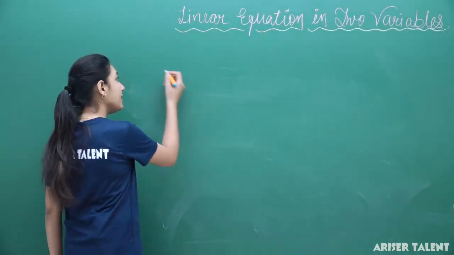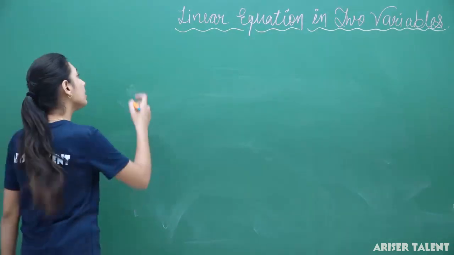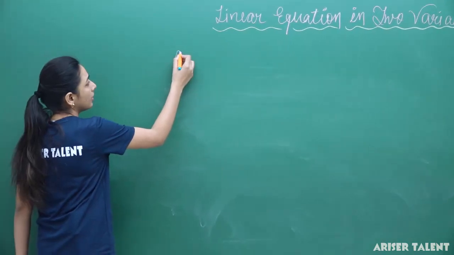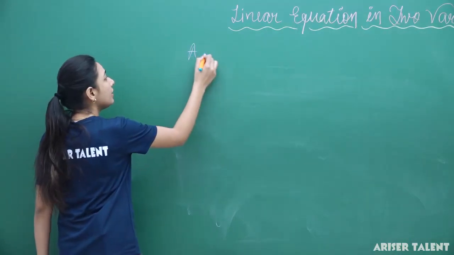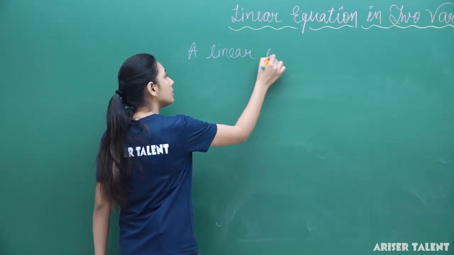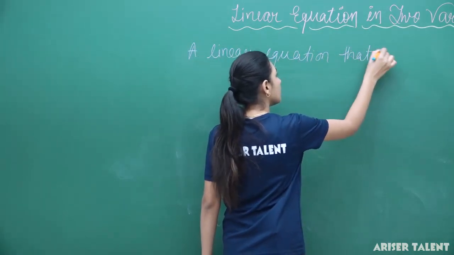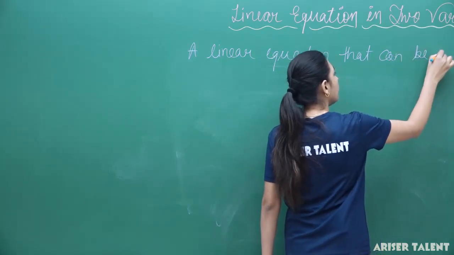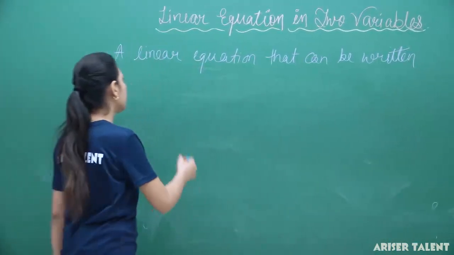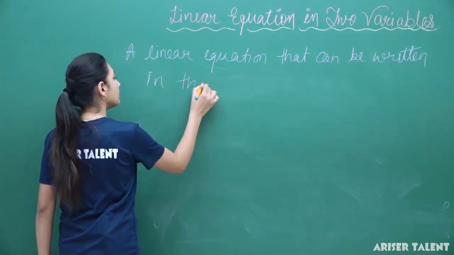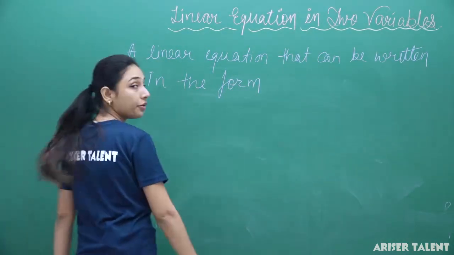So, basically if I talk about the definition of linear equation in two variables, a linear equation that can be written in the form, now the format is specifically important for you guys.